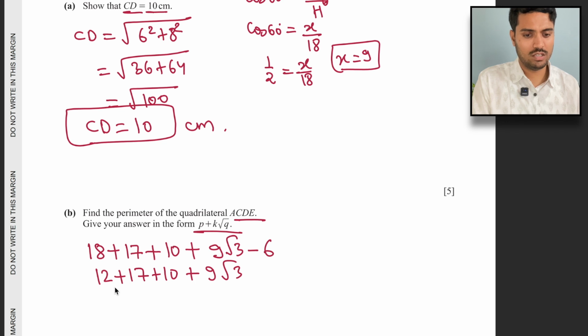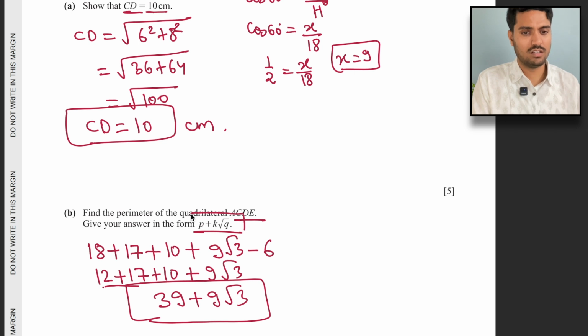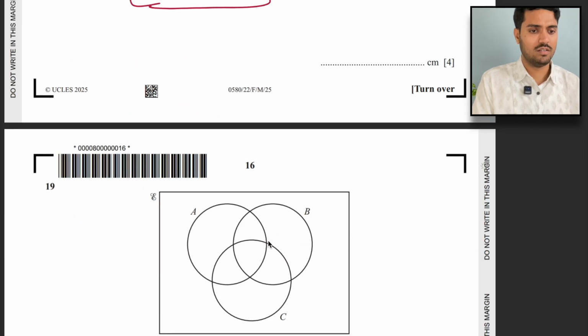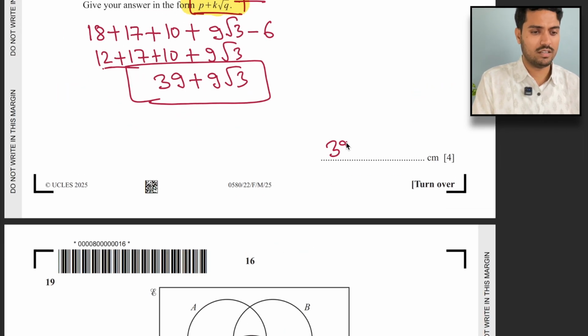This is going to be 29, 29 plus 10, 39, 39 plus 9 root 3. That's the answer in the form they have asked, P plus K root Q. 39 plus 9 root 3 is the answer. We can write it here, 39 plus 9 root 3.